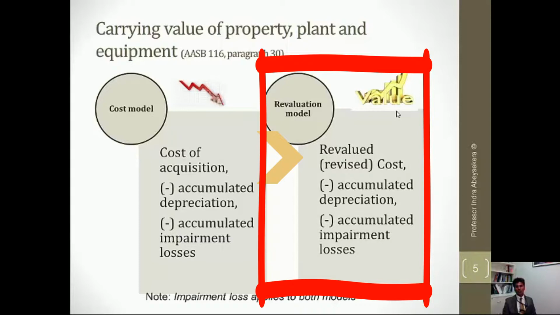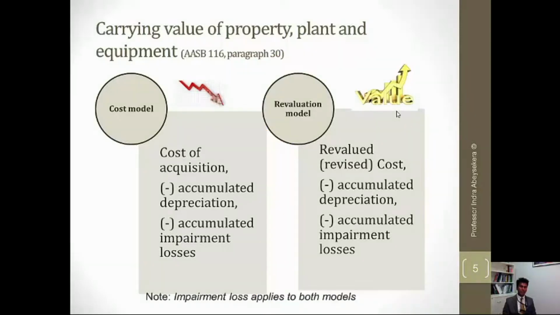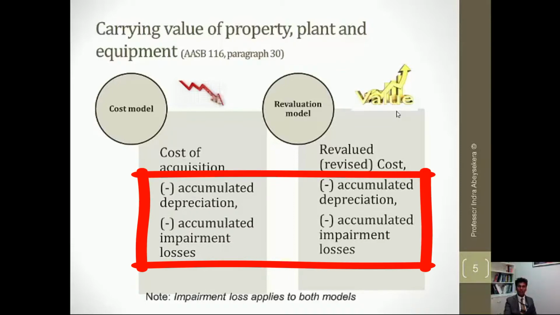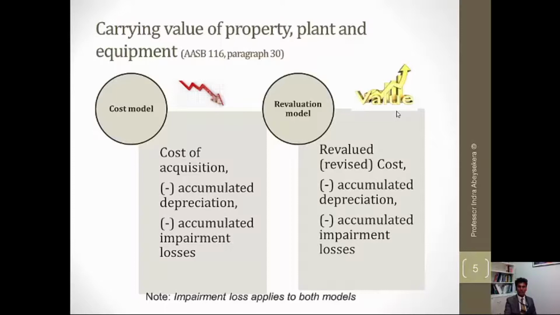So in that model, you take the revalued cost and take away accumulated depreciation and accumulated impairment losses to come up with the carrying value of the asset at a given time. So you can see there that impairment losses apply to both models. Depreciation also applies to both models.